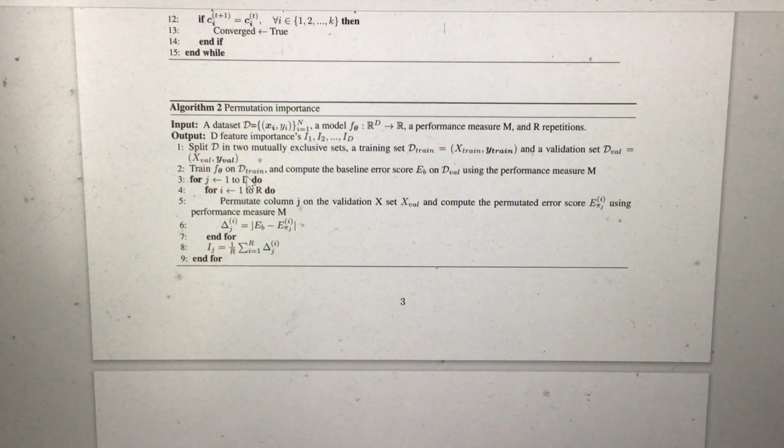For every dimension, and we do this R times, we permute column j of the validation X set to compute the permuted error score.